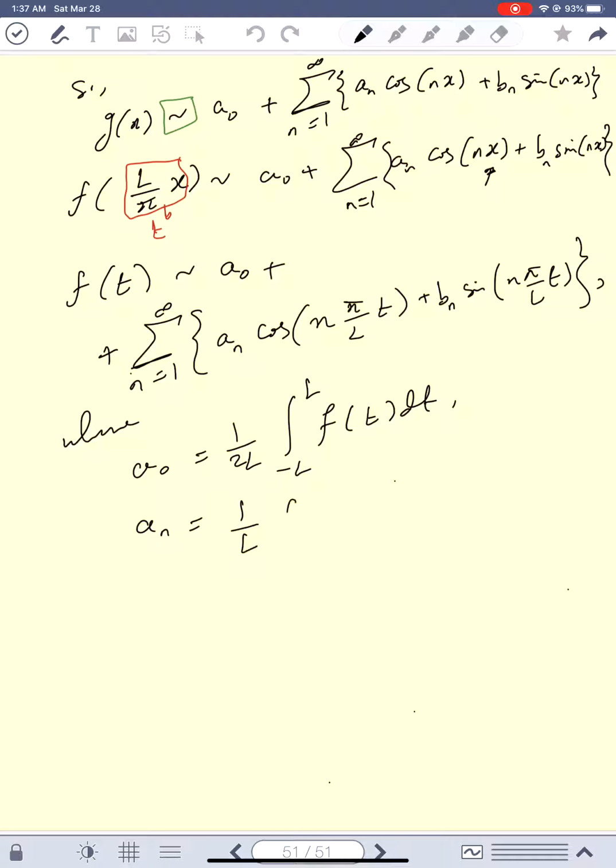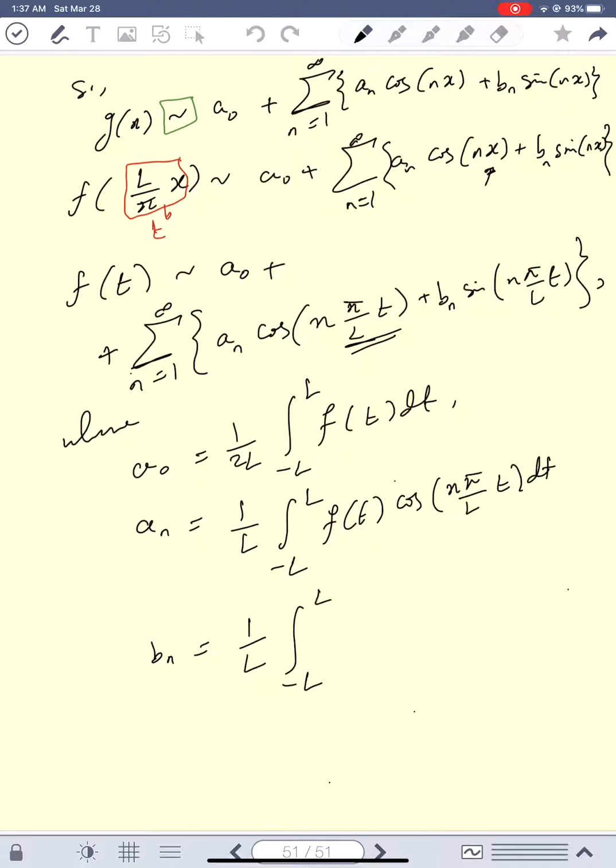Now it becomes 1 over L. It was from negative pi to pi. It becomes from negative L to L. f of t, and the same thing as you had in the Fourier series, so it will be cosine n pi over L t dt, and the b_n is very similar to what we did, sine n pi over L t dt.